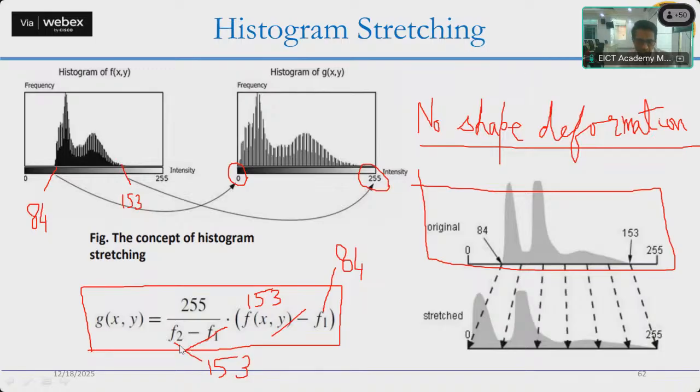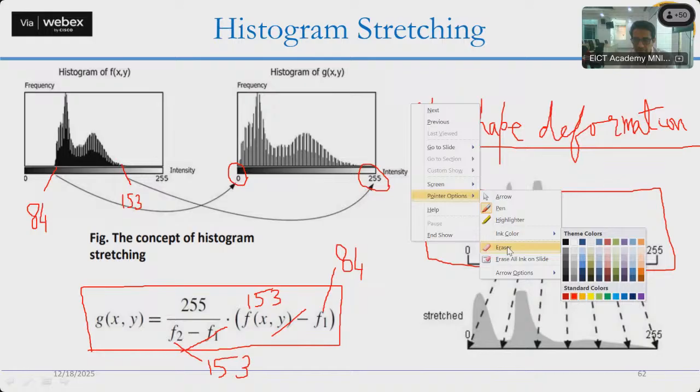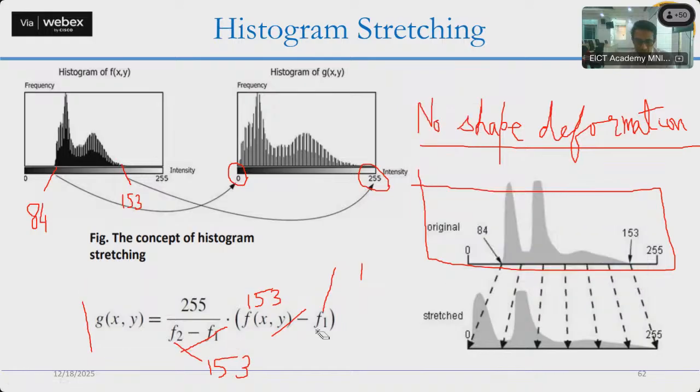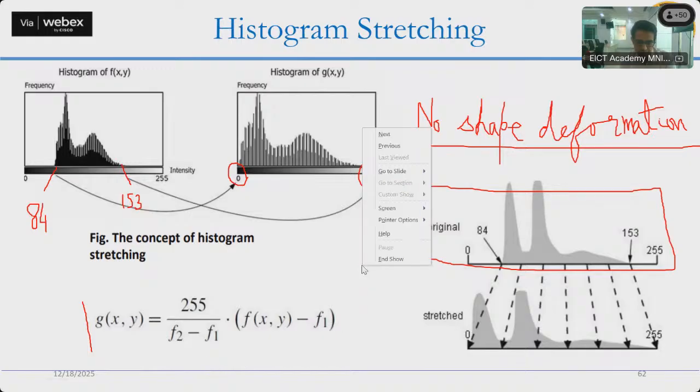And this F2 is the, let me write it here.